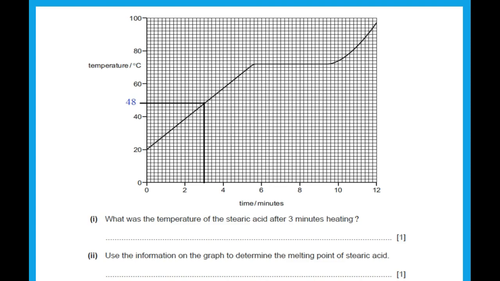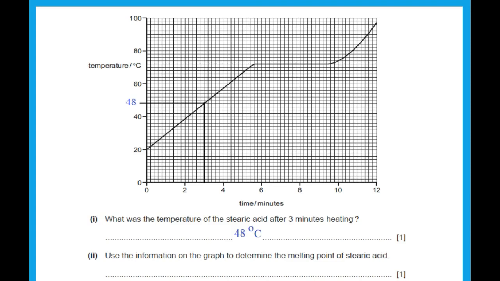That point is somewhere between 40 and 60. Each line, each partition or each tiny little square, represents 2 degrees centigrade. So this is 42, 44, 46, 48 degrees centigrade. Do we understand how we got that?